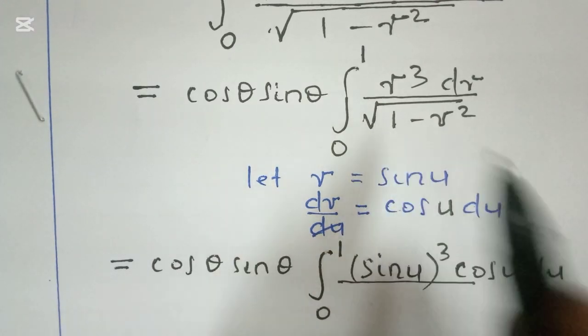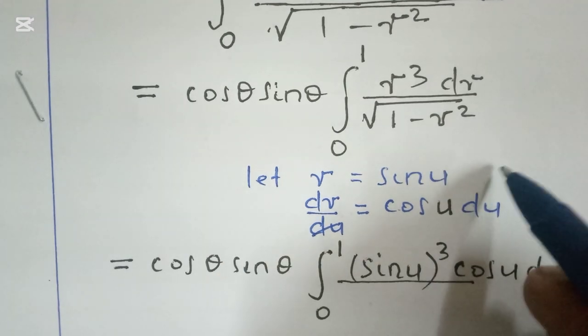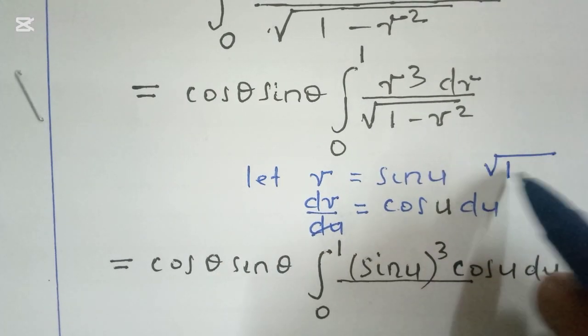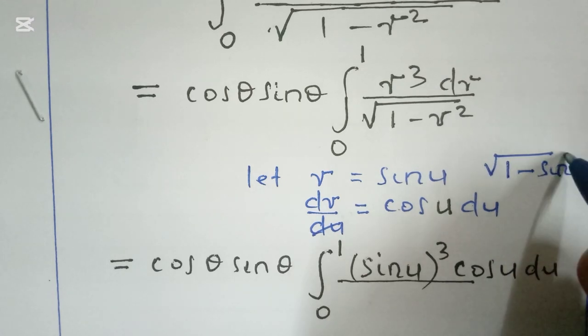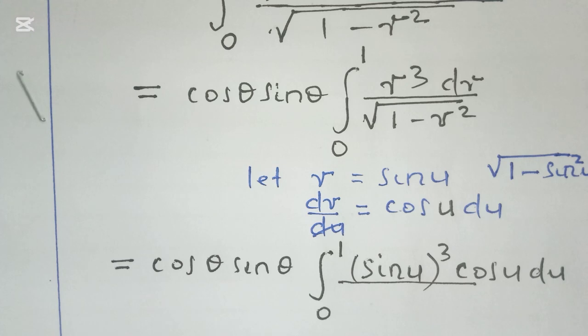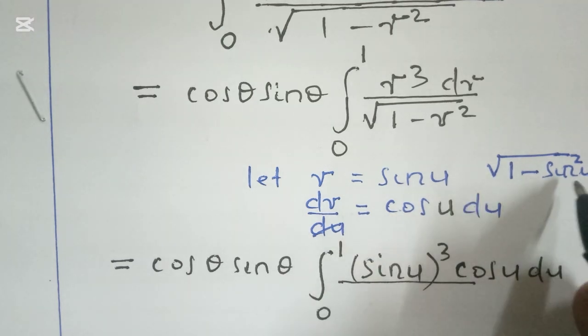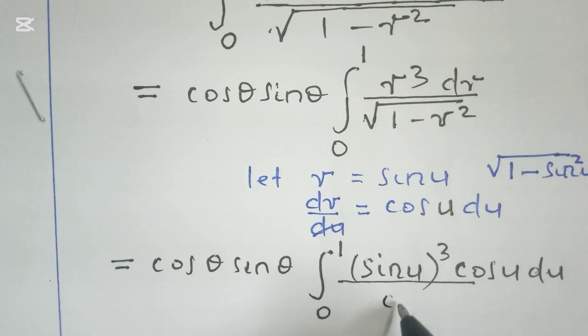For the denominator, we have square root of 1 minus sin squared u, which gives cos squared u, and the square root is cos u.